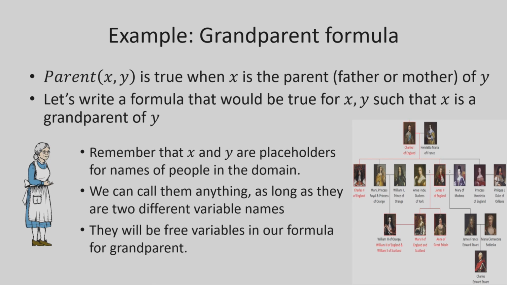And I'm just out of habit calling the first placeholder X and the second placeholder Y. And X and Y really don't need to be X and Y. We could call them anything as long as we don't use the same name. We could call them granny and kid. That would be okay. They will be the free variables in our formula. As long as we can refer to them somehow, we are fine.